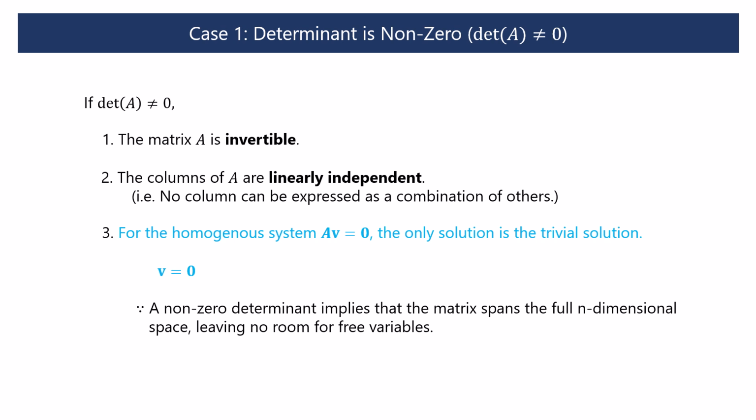Third, for the homogeneous system, the only solution is the trivial solution. That is, V equals 0. In other words, there are no non-trivial solutions. This is because a non-zero determinant implies that the matrix spans the full n-dimensional space, leaving no room for free variables.